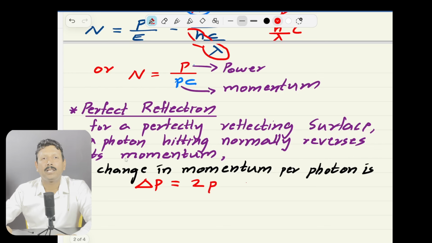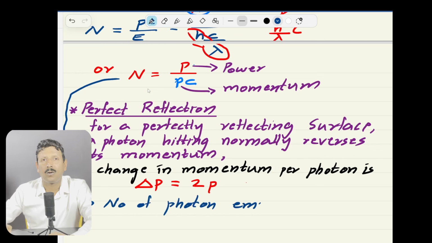The actual question is to calculate the force exerted, not the number, but we need this number because we want the force exerted by all the photons, not one photon. Force is the rate of change of momentum, Newton's second law.